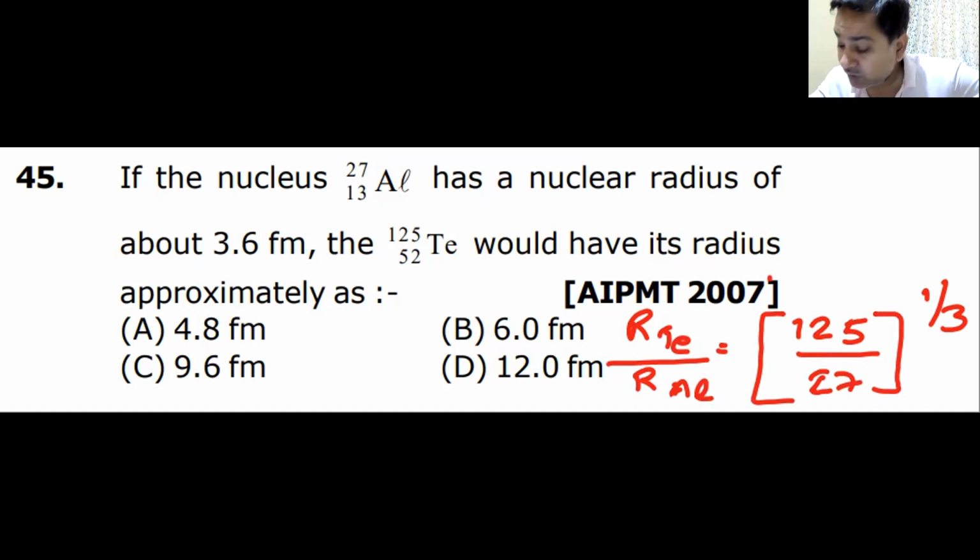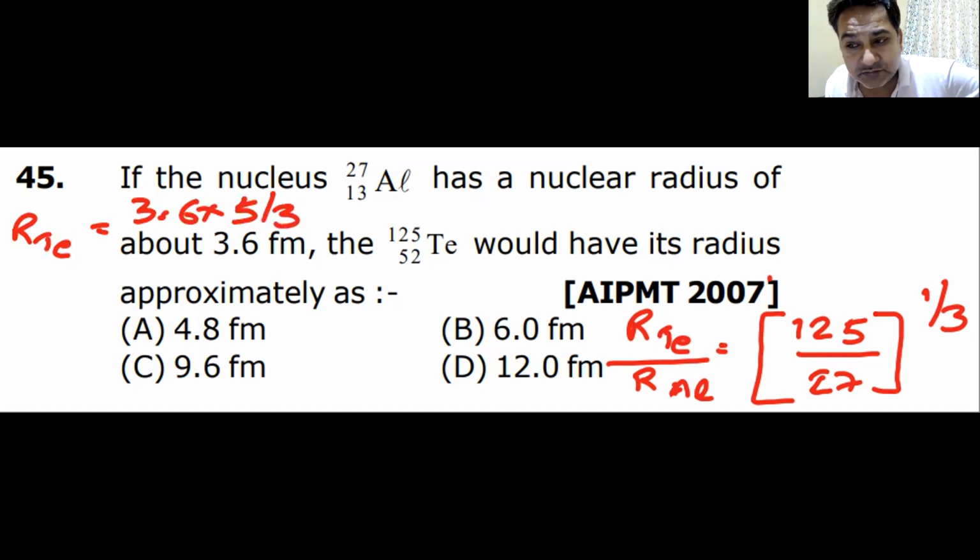So radius of beryllium will be equal to radius of aluminium, which is 3.6, multiplied by 5 by 3. Do we understand this? 3.6 divided by 3 is 1.2. 1.2 multiplied by 5 is 6. The answer is 6 fermi.